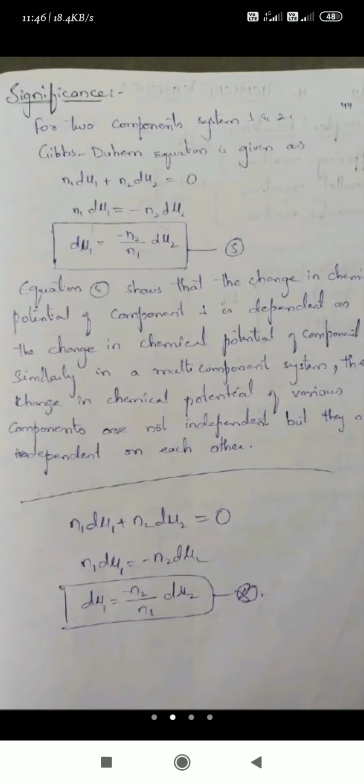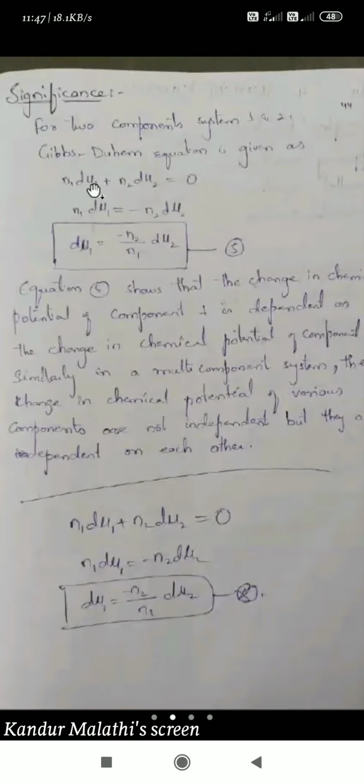This is shown for only two components here. When you move to a multi-component system, the changes in chemical potential of various components are not independent, but dependent on one another.